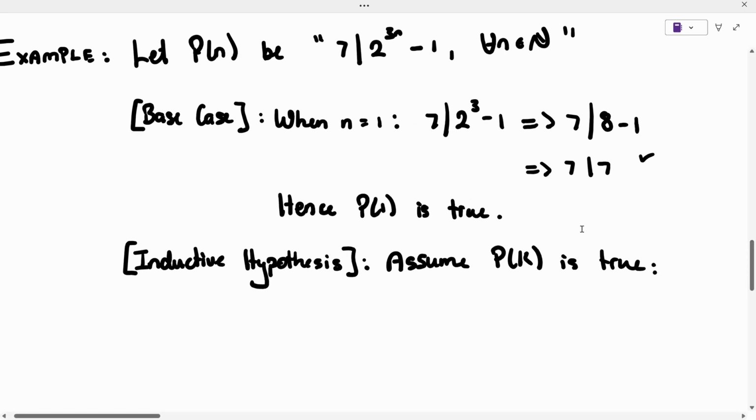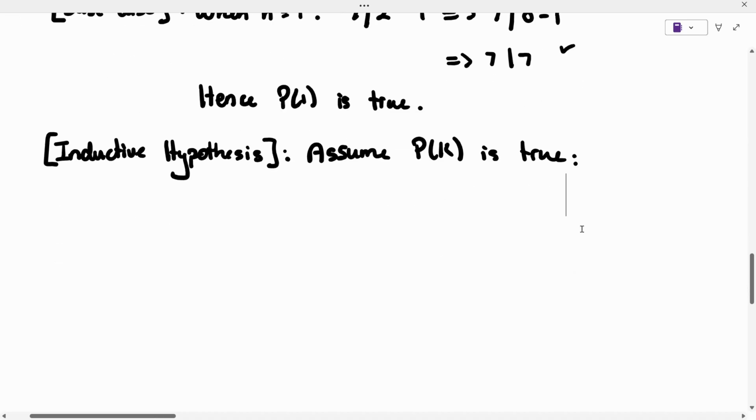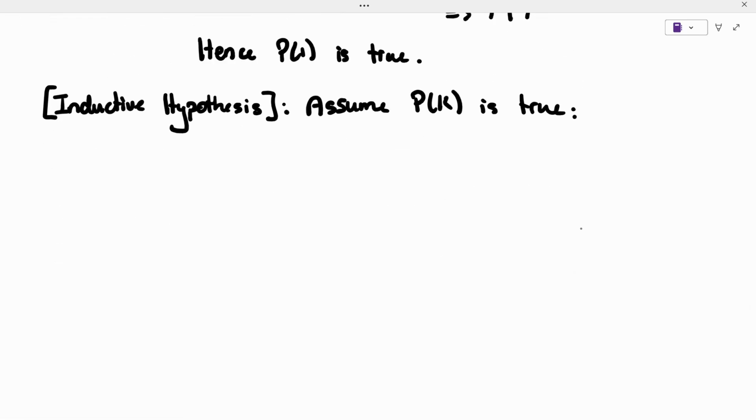But what I'm going to do is use our definition of divisibility, and I'm going to write, therefore, 2 to the 3k minus 1 is equal to 7 times some integer a. So if this is divisible by 7, we could write it as the product of 7 and some integer a. And I'll make 2 to the 3k the subject of the formula. You'll see why I did that just now.